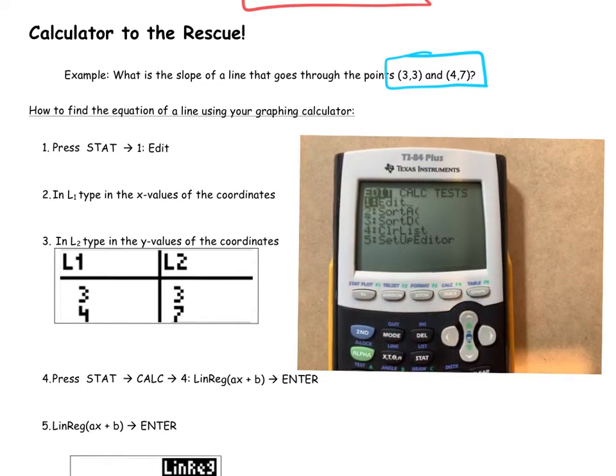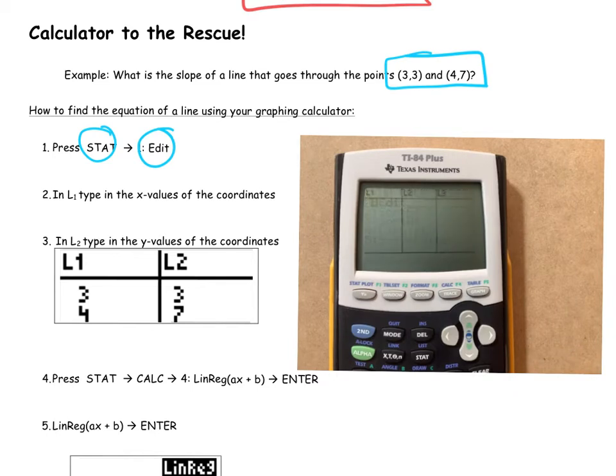Okay, after we click stat, so we did that, we're going to click enter on edit. I'm going to click enter on edit, and we're going to type in L1 the x values. So right now I have these points listed as 3, 3, and 4, 7. I like to write them one underneath the other.